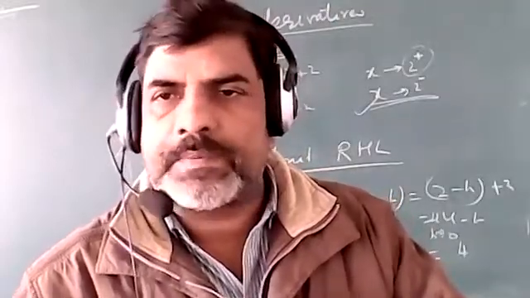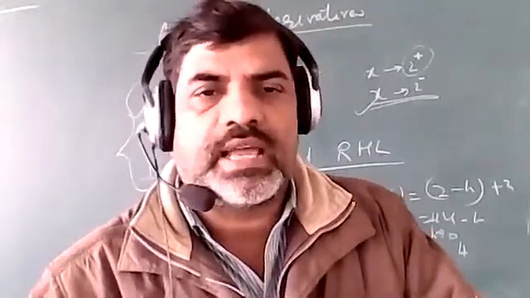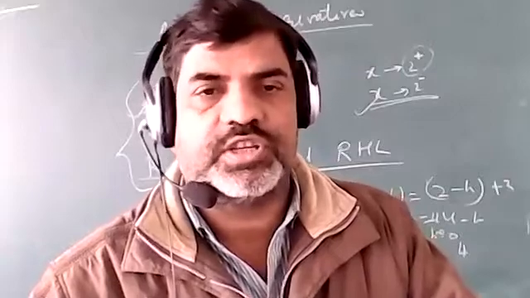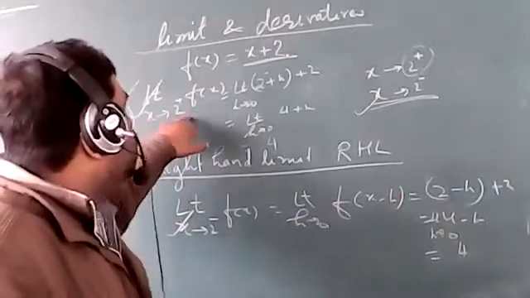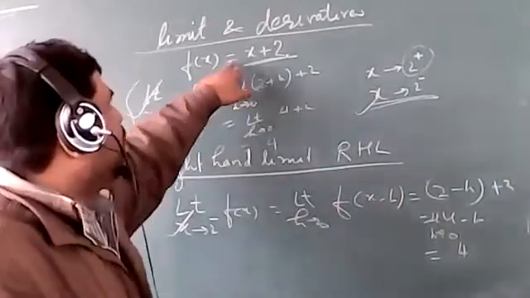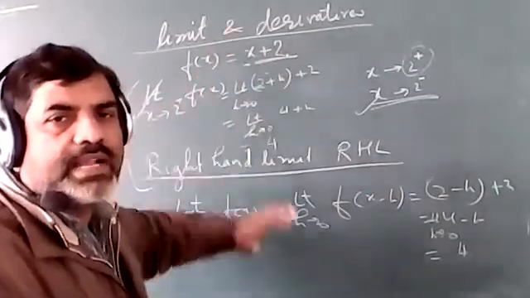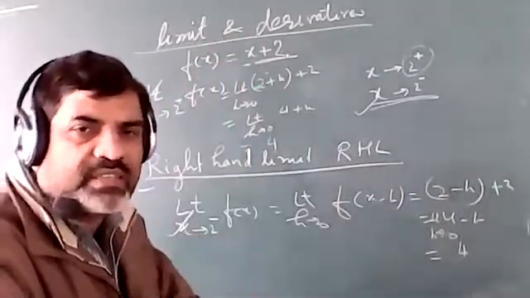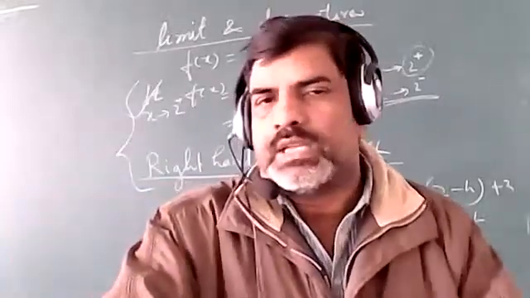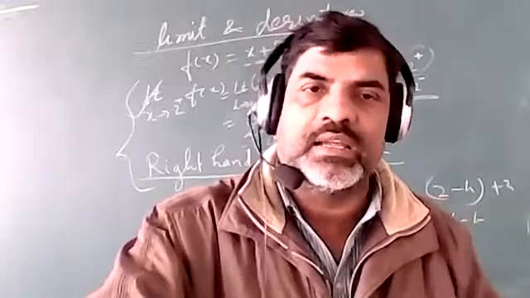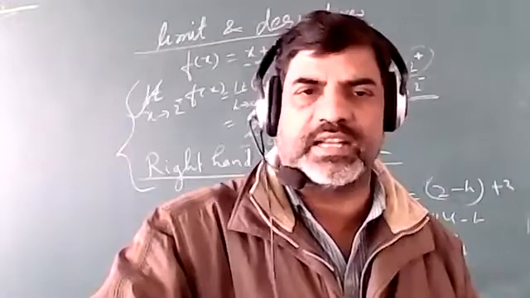If the values of left hand limit and right hand limit are not equal, then we say that the limit does not exist. If I write limit x tending to 2 of f(x), where f(x) equals x plus 2, exists, it means its left hand limit and right hand limit should be equal. Means if we take the value of x slightly more than 2 or slightly less than 2, in both cases the value should be nearly equal. I hope the concept of the limit is clear to you.